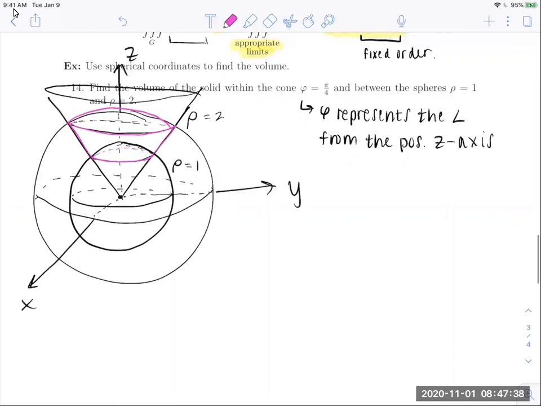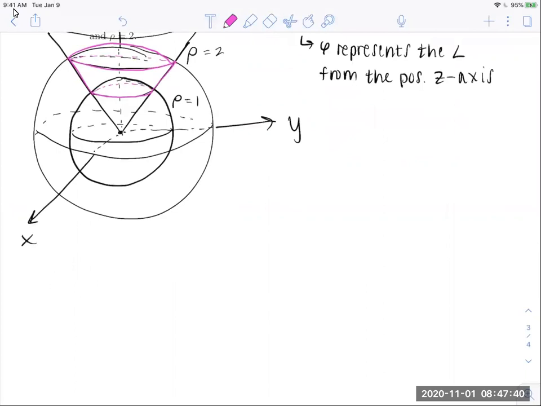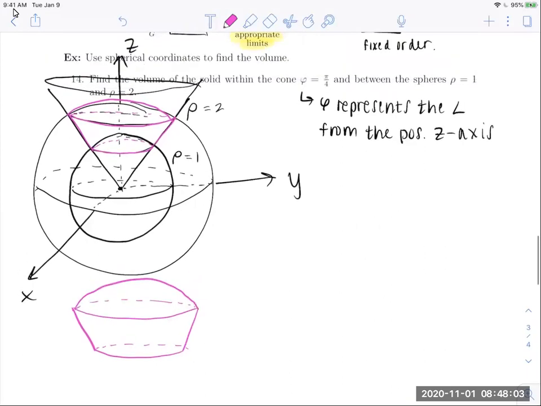All right, so if you wanted to sketch that, it looks like this. And then the rounded top. All right, kind of looks like an ice cream bowl dish. Okay, so we would like to find this volume.